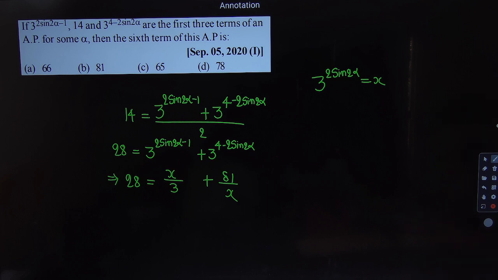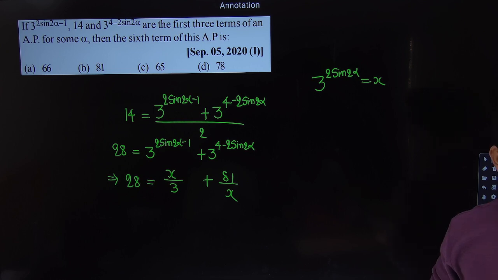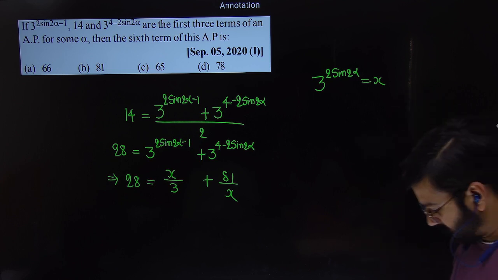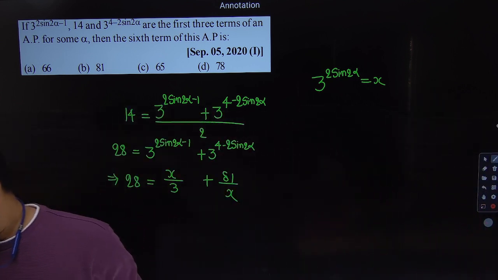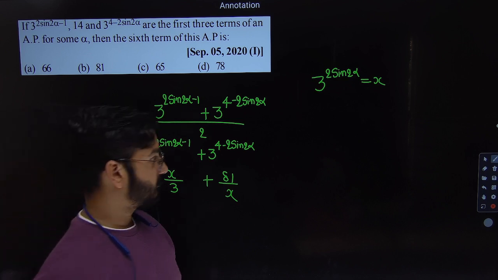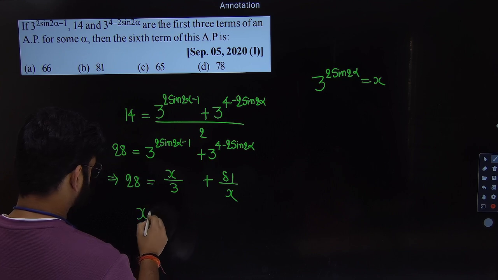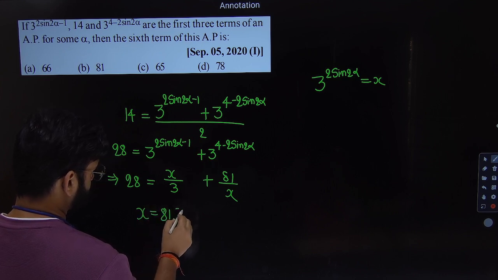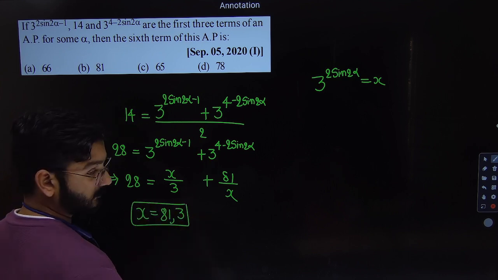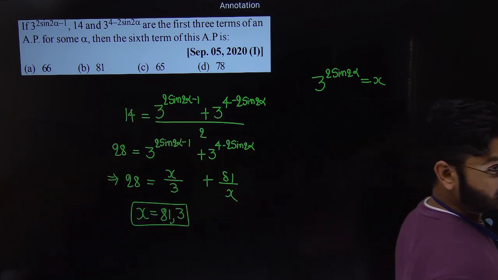Anyone got x ka value? X ka value will be 81 and 3. Anyone getting?